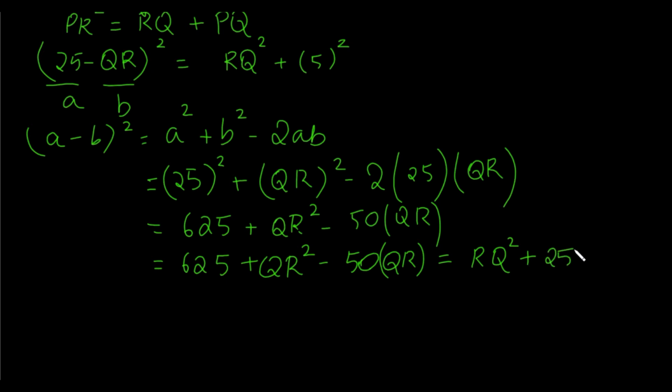So now here we can see that this QR square and RQ square are both the same. If you just make this R, this come this side, it's going to be RQ square. So we can cancel these both terms.